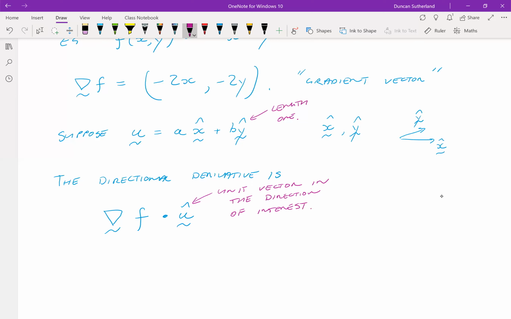Now, obviously, that's a scalar quantity that just reflects the total rate of change in the direction we're interested in, by resolving the components of the vector. So let's work through an example.